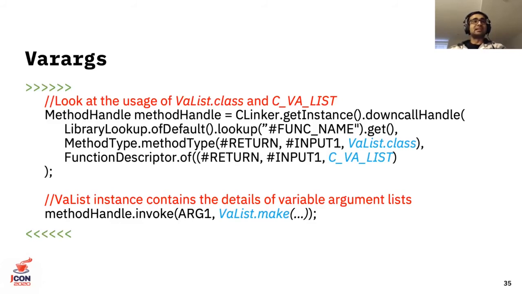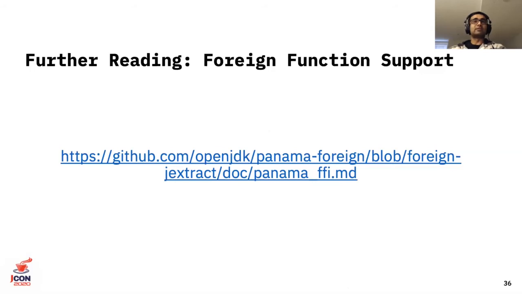Also the VA list instance can be reused with other down call method handles, or it can also be reused with upcall handles. And with this, I think we have briefly looked at the functionality of the foreign function support API and 4 of its primary mechanisms. More details and documentation for this API can be found at the link shown in this slide.